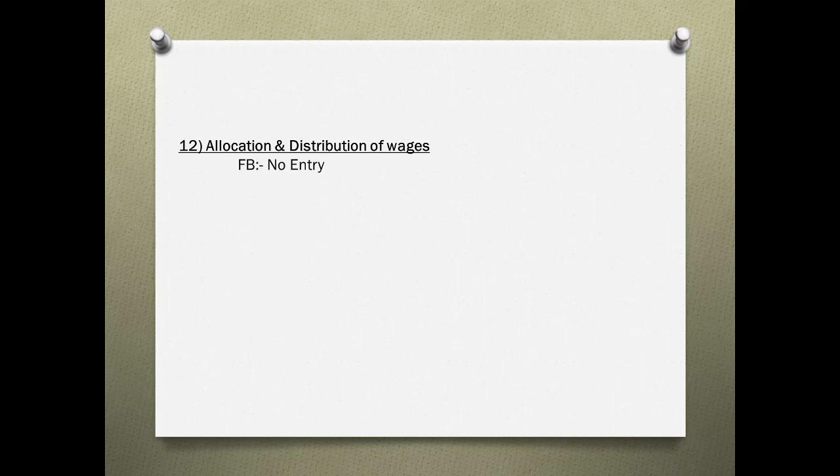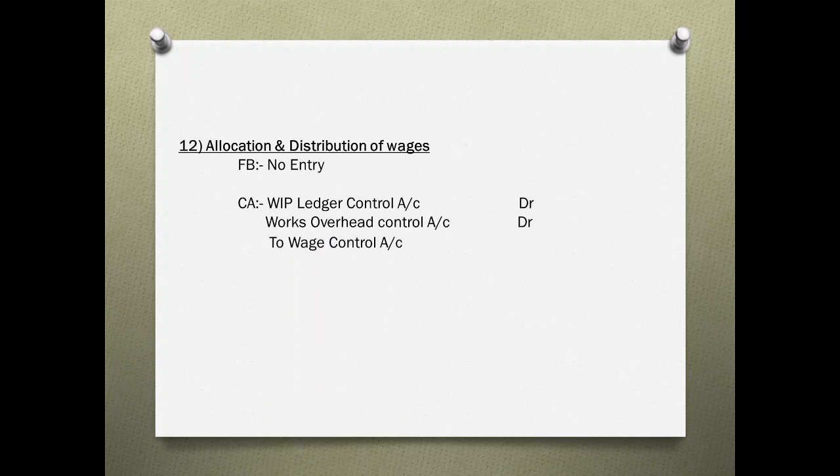But for cost, if it is direct, then it would be recorded through work in progress. If it is indirect, then it would be recorded through factory, or what we call work overhead. Both become an expense, so expenses are debited: WIP control account if it is direct, work overhead control account if it is indirect, debit to wage control account. It's just an allocation, neither money is coming in nor going out.